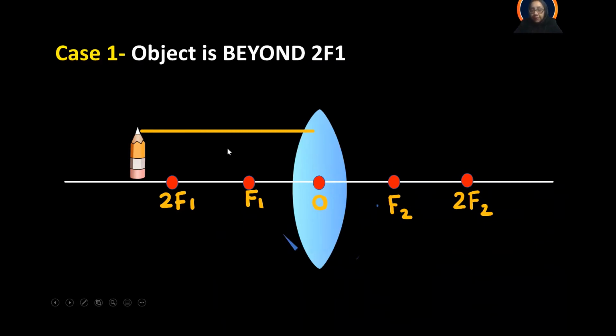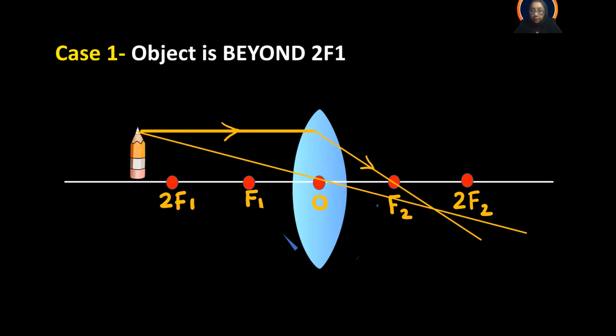This particular ray is striking the convex lens, and we have considered the first rule, that the ray which is parallel to the principal axis passes through the focus. This is the first ray we have chosen. The second ray that we have chosen is the ray which passes through the optical center and doesn't deviate. We can see that these two refracted rays meet at this particular common point.